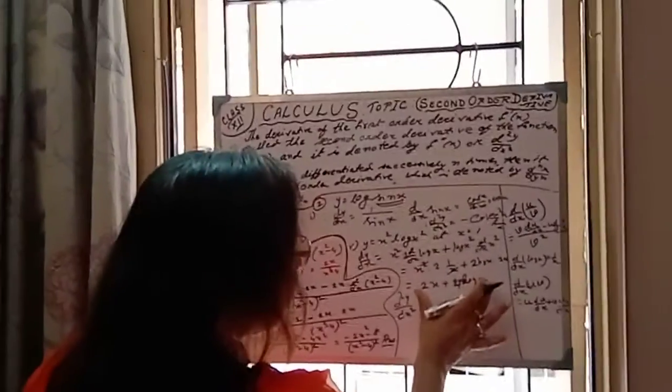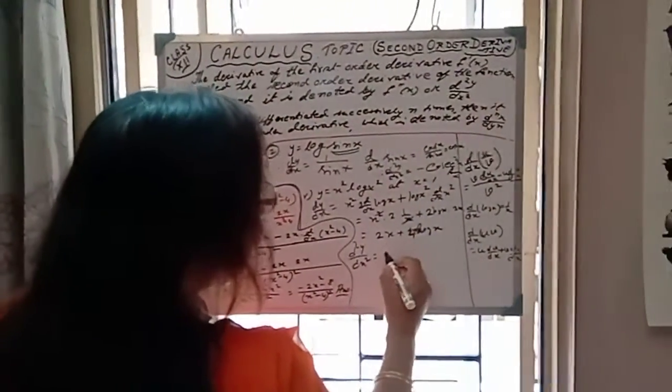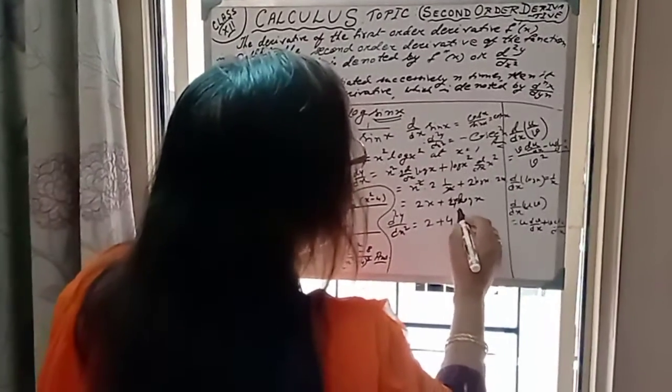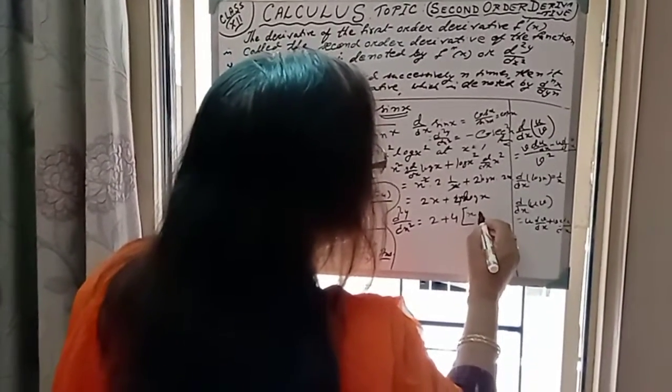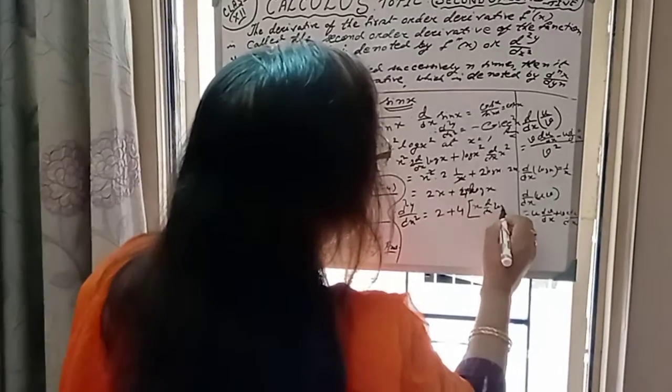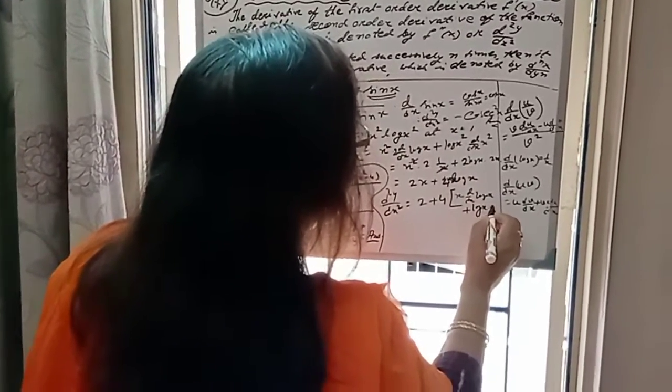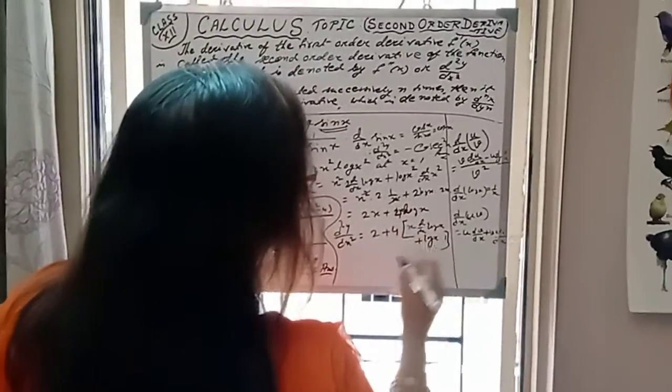d2y/dx2 means d/dx of again this function. d/dx of 2x is 2 only, plus 4, and d/dx of x log x. So x into d/dx of log x plus log x into d/dx of x, which is 1.